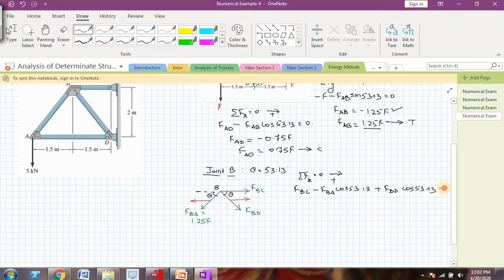No other force, so I will equate it to 0. Let me call this equation 1, because two unknowns are there in this. This is one unknown and this is another unknown, but this is known to us.